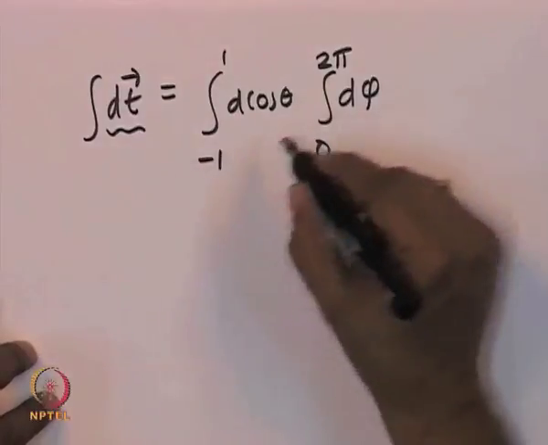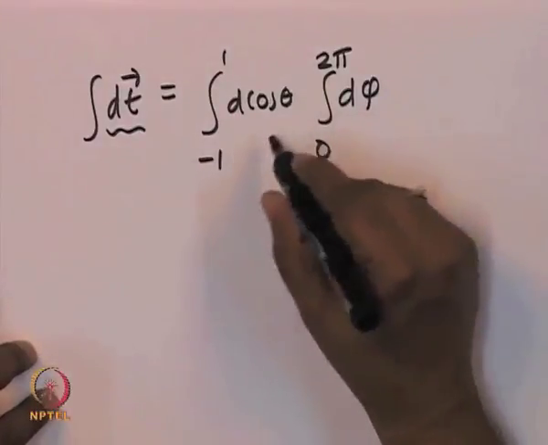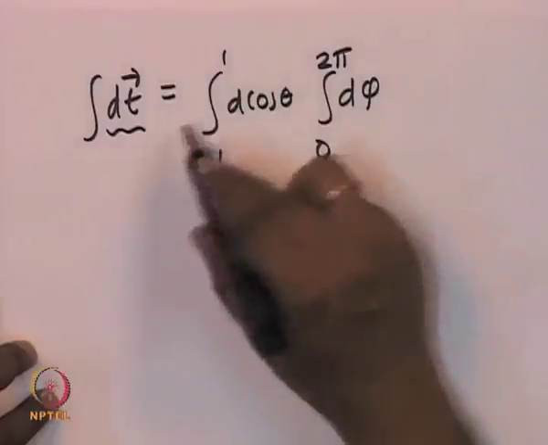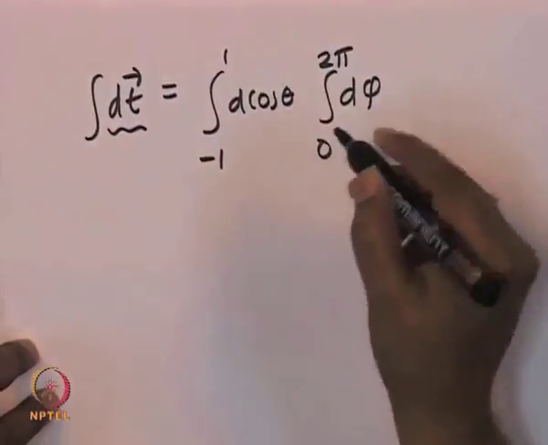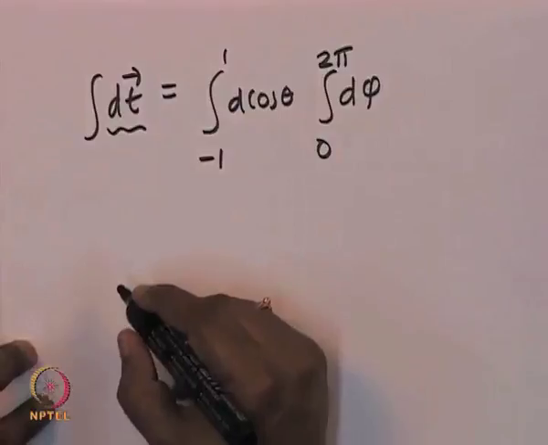So, if we do this, if we can convert dt into this particular form, the integral will turn out to be like the integral we did before.